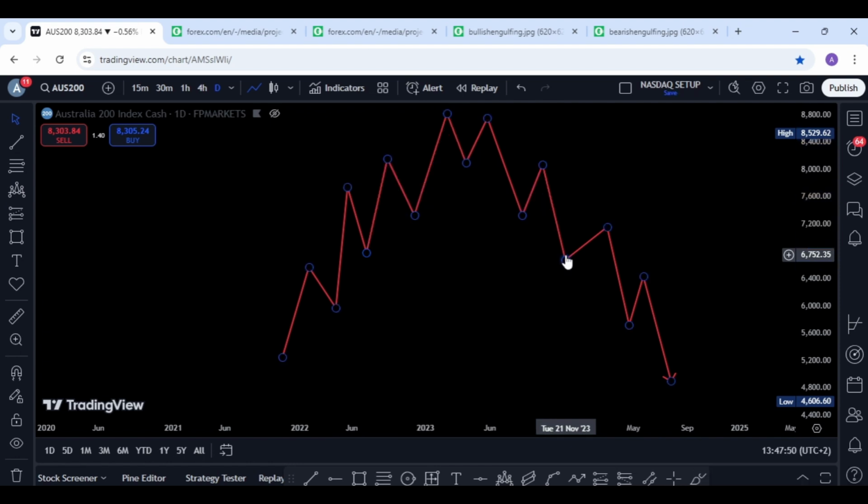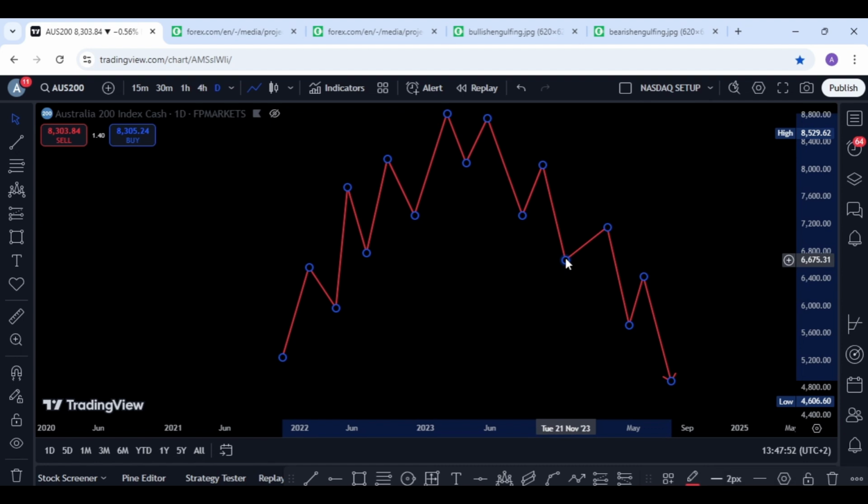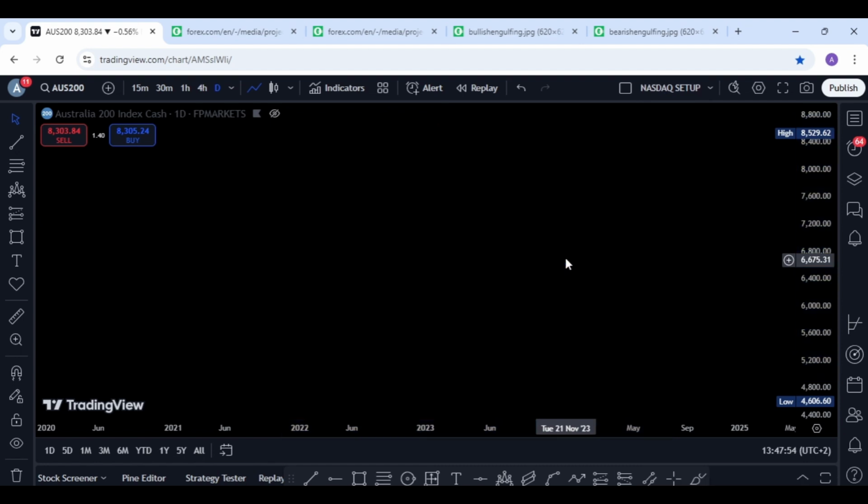And we also have what we call pennants. Let's see. They would look like this.